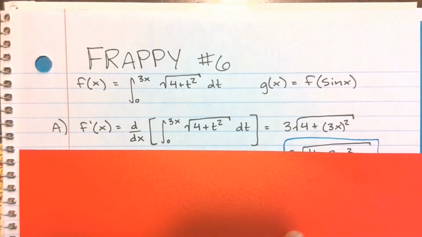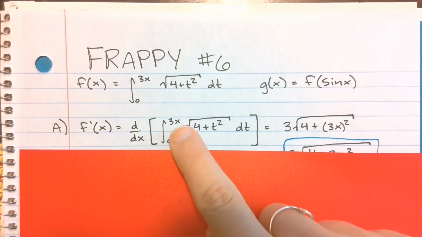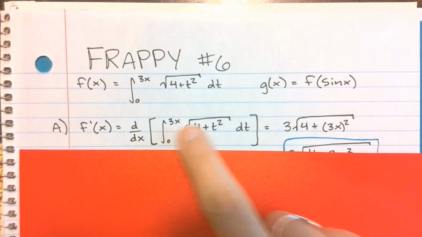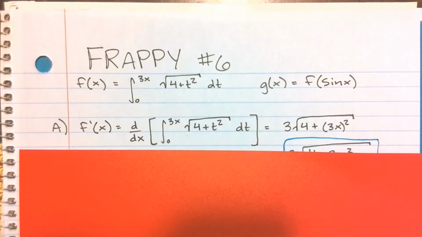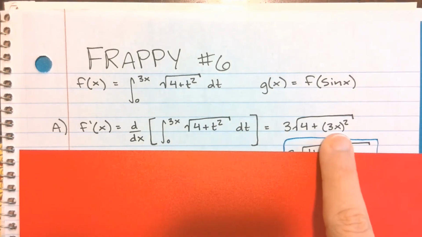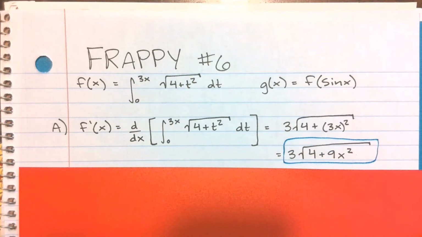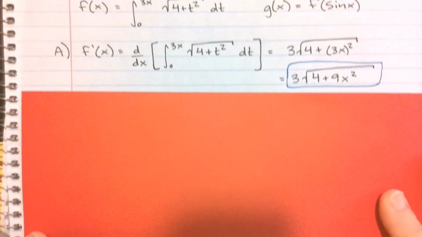I'm not going to get super into that because it doesn't happen a ton, but if you see that, you do need to plug that in and also multiply it by the derivative of 3x. So then I just went ahead and simplified that part. Not necessary, but I just felt like doing it.